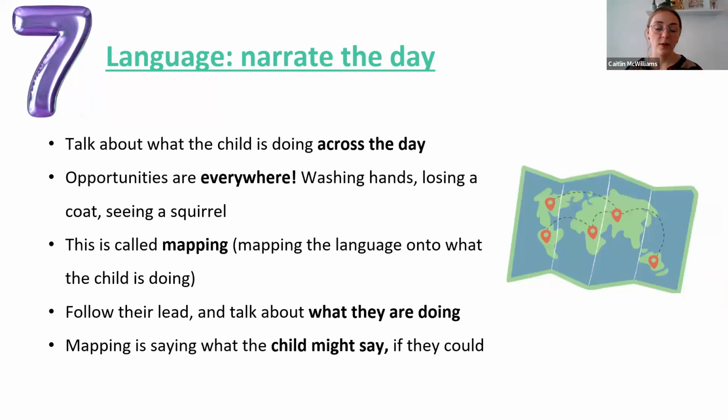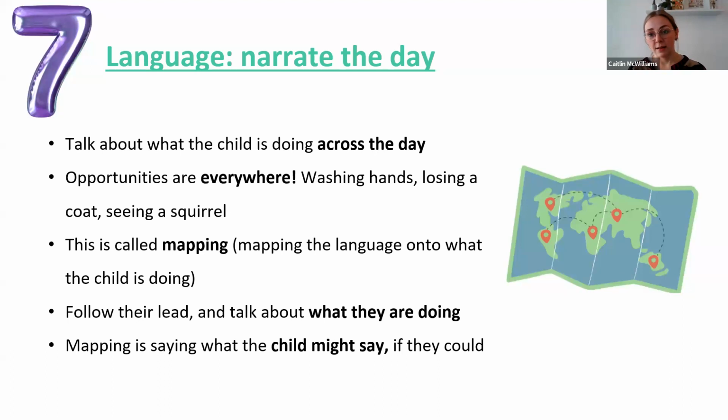Okay, number 7. So the next bank of strategies are all going to be about the language that we use when we're working with children and young people. So these are all strategies about how we can modify our own language. And this one is a really nice, simple one you can do about narrating the day. So you can talk about what the child is doing across the whole of their day.